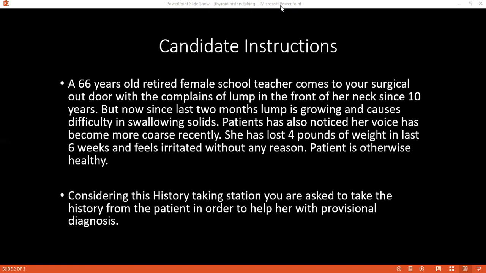Have you felt any irritability? I felt irritability, but not like that. Okay. Have you noticed any increased sweating? No, doctor. I haven't experienced any increased sweating.